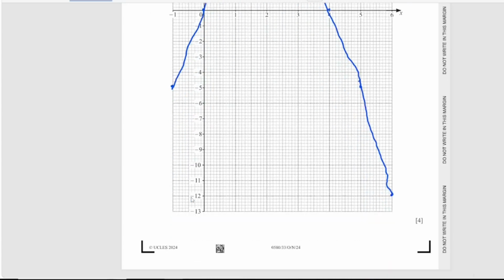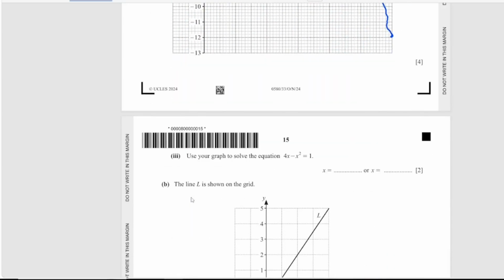Now the B part says use your graph to solve the equation 4x minus x squared is equal to 1. So the left side has been sketched. Now what we need to do is to sketch the right hand side, or better still, we trace y equal to 1 until we meet the curve.